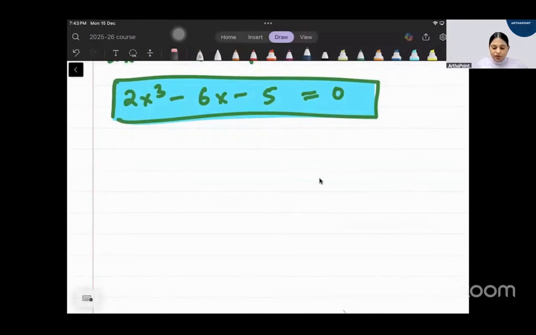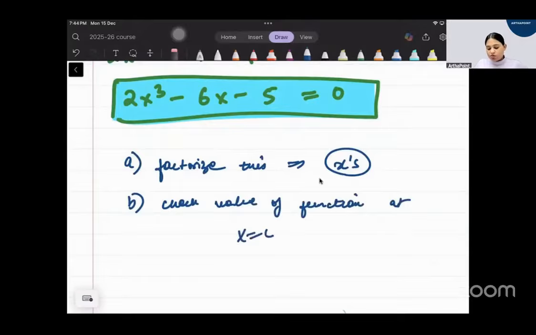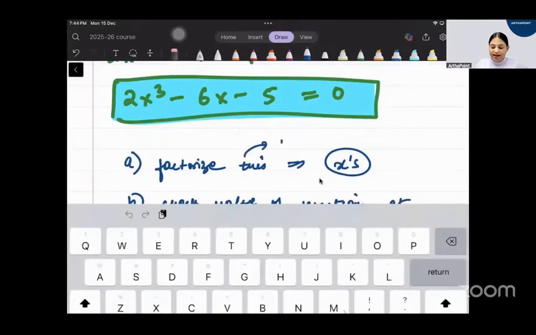So I'll give you the steps. Number 1, you factorize this. You get some x's, right? Number 2, you check the value of the function at x equal to 0 and x equal to 4, the extremes, and at these x's.